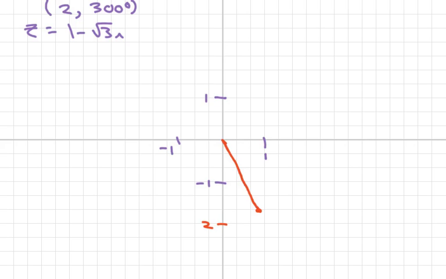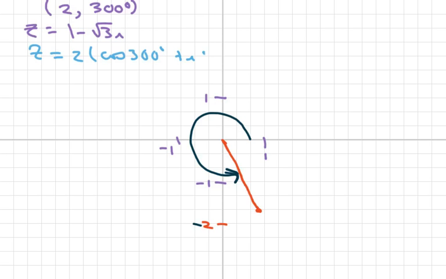And then your angle is 300 degrees, and that's negative 2. Expressing our argument in degrees, this would be 2 cosine of 300 degrees plus i times sine of 300 degrees.